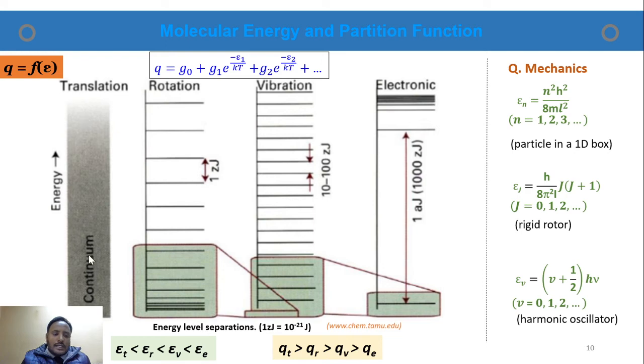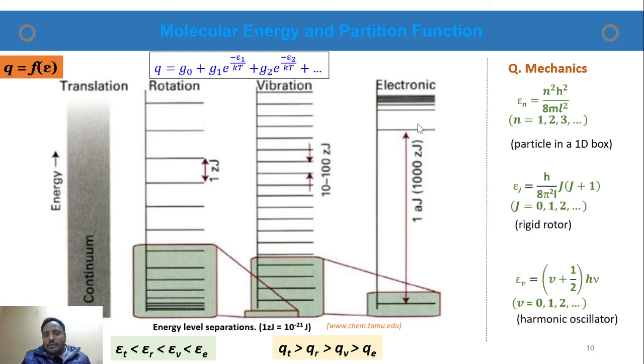Since the translational energy levels are very closely spaced, the energy levels may be treated as a continuum. And so, at a given temperature, most of the energy levels will be populated, most of the terms after the first term will contribute to the value of the partition function, and so Q will be very large.